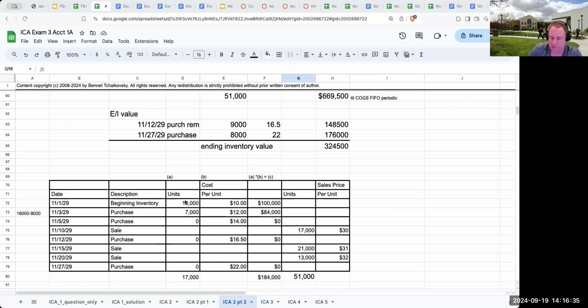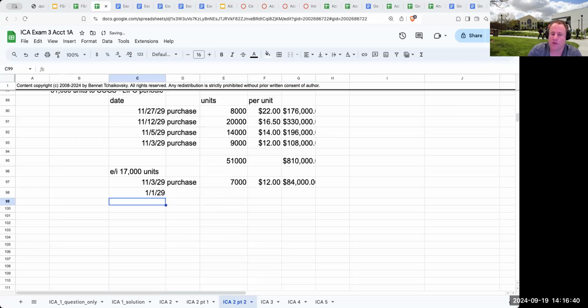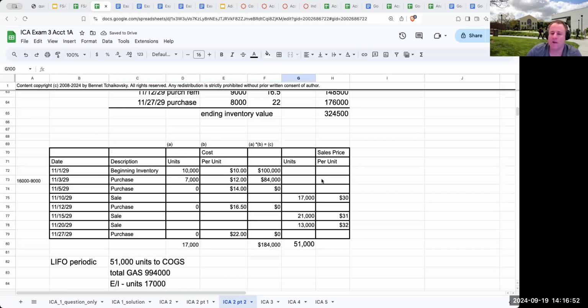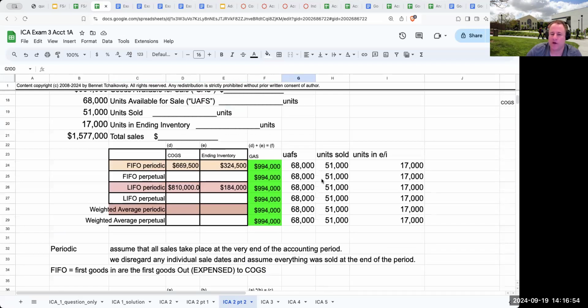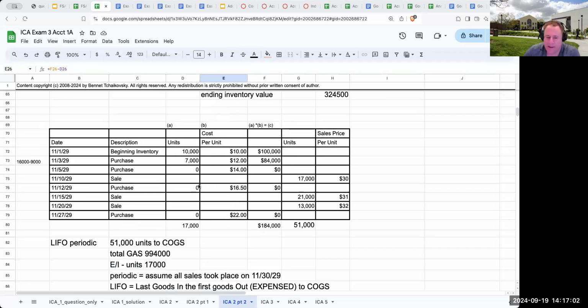This is my ending inventory after I made all those sales. Then on 1/1/29, my beginning inventory of 10,000 units at $10 per unit, this is going to be 100,000. Next, so this over here is at 184. So my total value of my ending inventory is going to be 184,000.